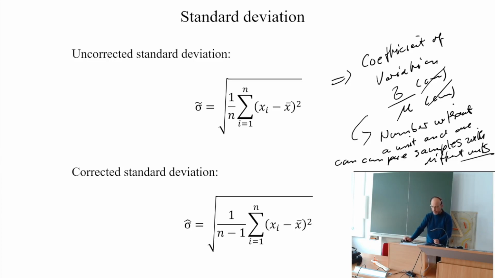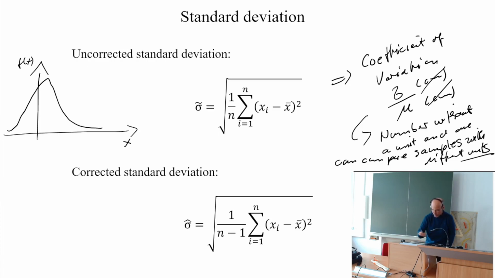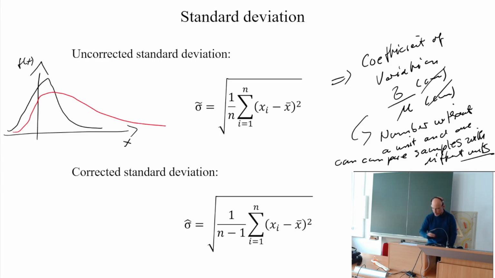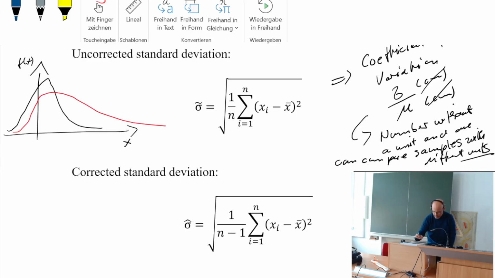So, now I think in the first or second lecture I told you already that we could have a distribution which looks more or less symmetric, but we could also have a distribution which has some skewness on the left or on the right side.